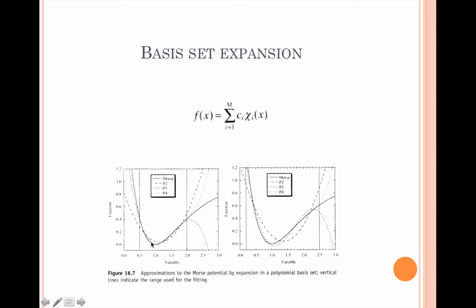So it means here that in the basis set expansion, what we seek is to obtain a good representation of our original function for a range of values for our variable, in this case x.